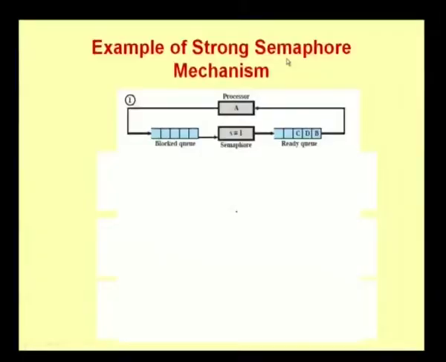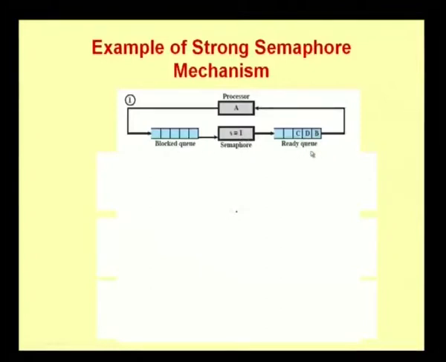Now let us consider this with an example relating to an operating system, an example of a strong semaphore mechanism. Here we have a processor. The semaphore variable should be an integer value, so let us have S equal to 1.